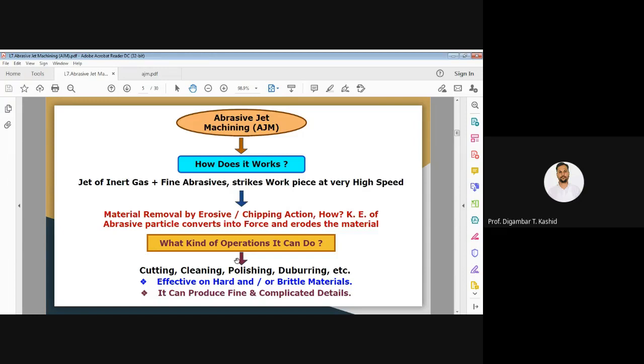With that kinetic energy they hit the workpiece surface, and the velocity with which this jet normally moves is somewhere about 300 to 500 meters per second. So it has a huge kinetic energy because the velocity is very high.